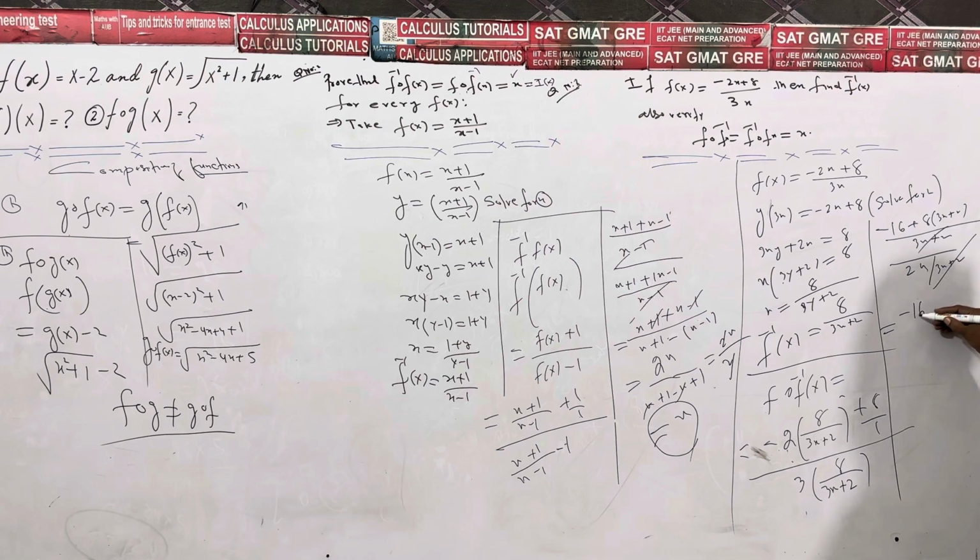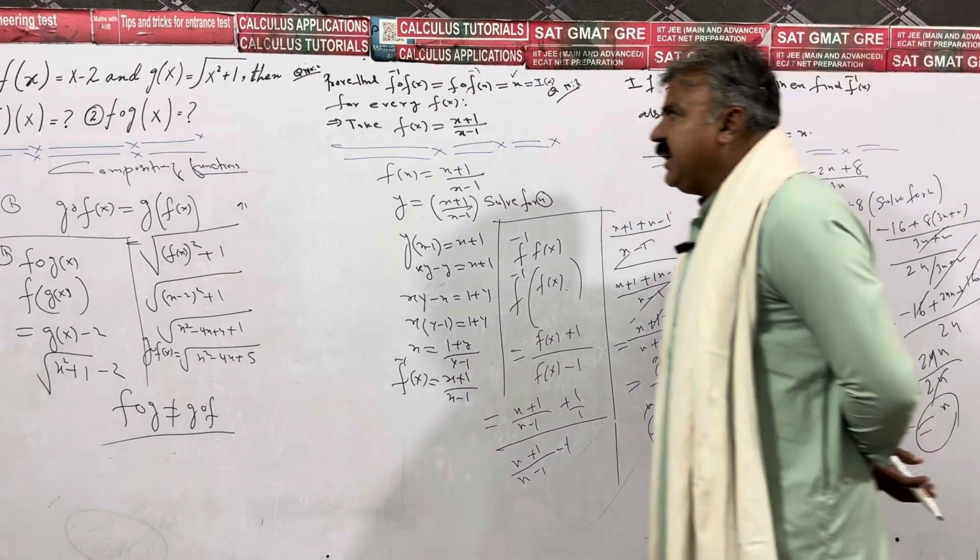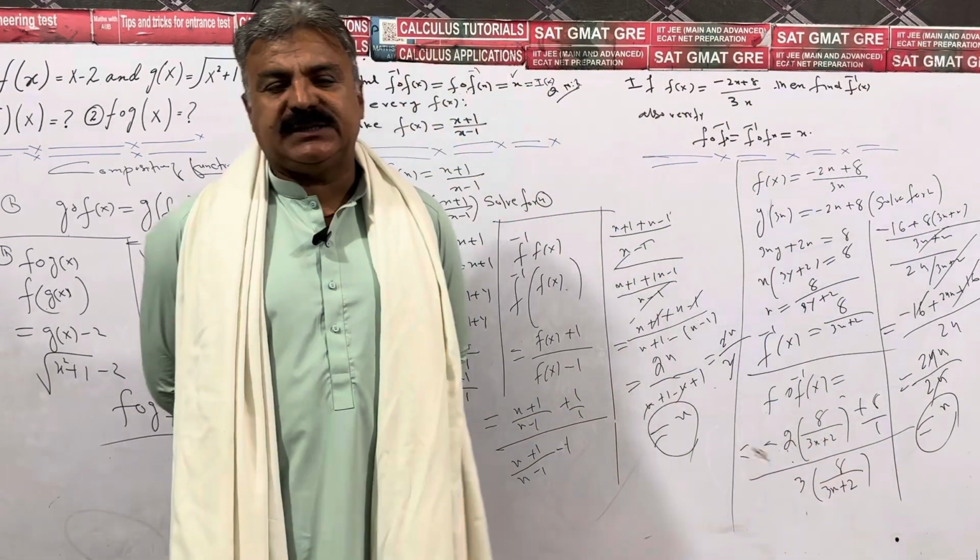Opening up whatever we have, we are going to prove it. 8 times 3 is 24x, 8 times 2 is 16, over 24. 24x over 24 cancels out. There remains x. So we have a good idea that a function and its inverse always result in x.